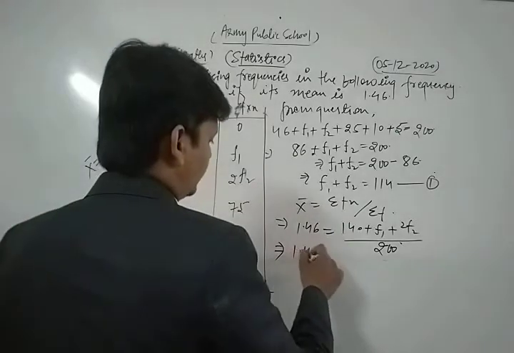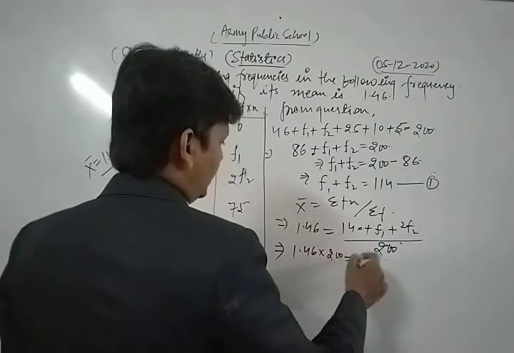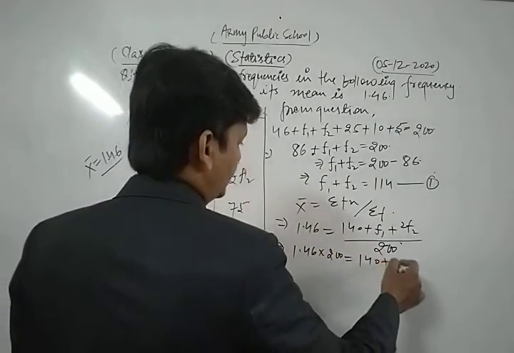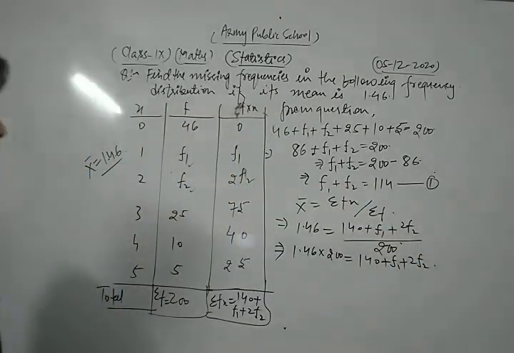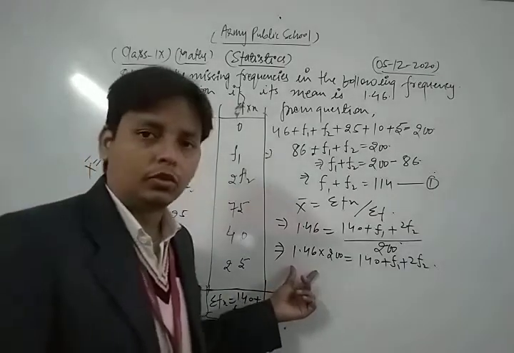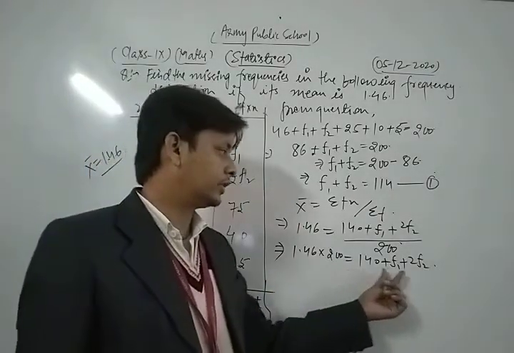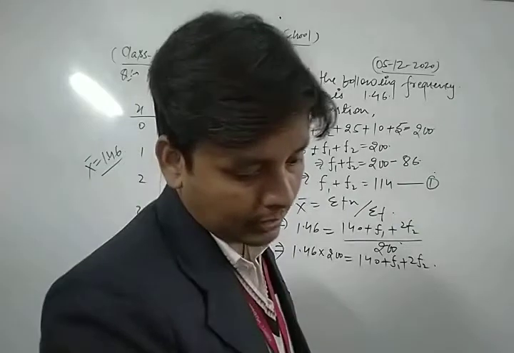So we write 1.46 into 200 is equal to 140 plus f1 plus 2 f2. Now, dear friends, if we multiply 1.46 into 200, we get 292. So 292 is equal to 140 plus f1 plus 2 f2.